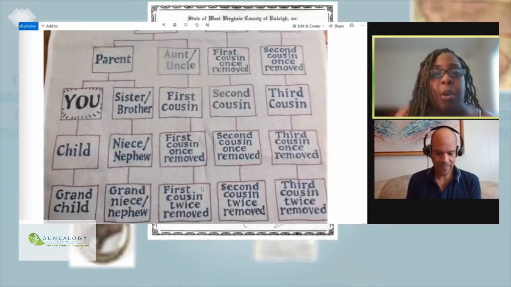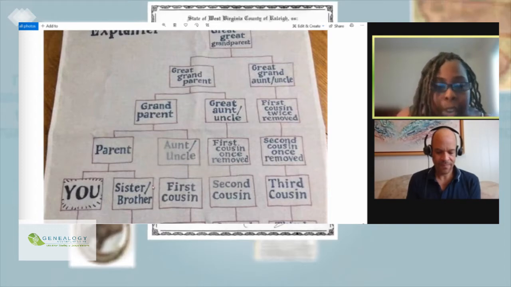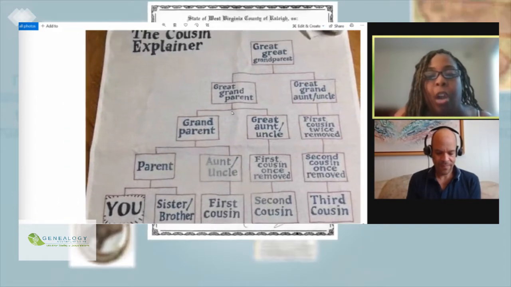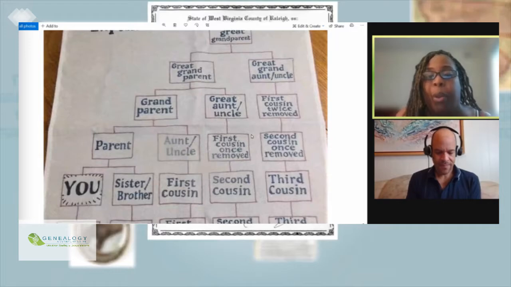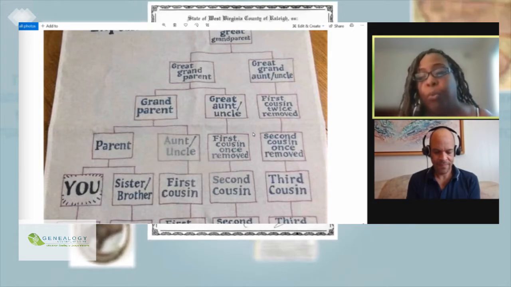Just like with your mom and dad and their siblings, that's the same thing for the grandparents. When you go to the grandparents, you all are here. But as soon as you start seeing a cousin removed or whatever the case may be, you should automatically assume that that is a sibling of a grandparent. Once you start seeing the removed part, that's a sibling of a grandparent.